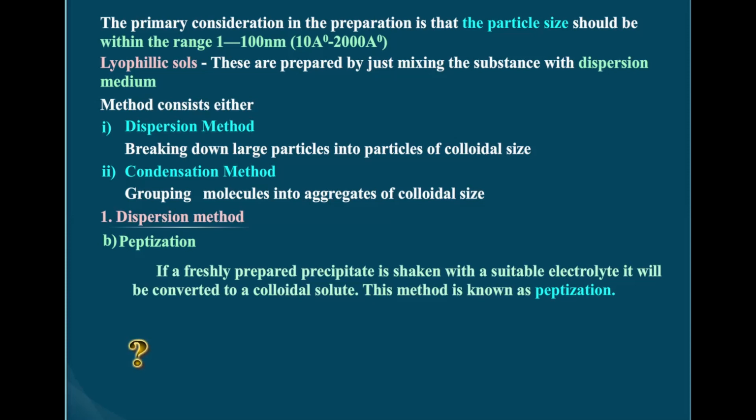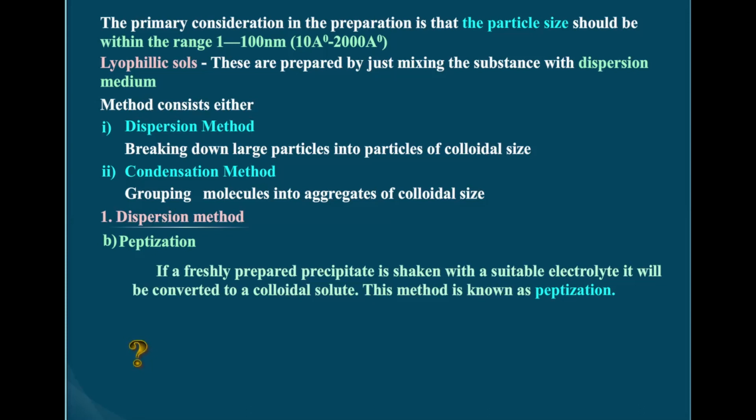What happens during peptization? During peptization, the precipitate adsorbs one of the ions of the electrolyte on its surface. This causes the development of a positive or a negative charge on the precipitate. So when the charge is the same, what will happen? It will ultimately break up into smaller particles of colloidal range.